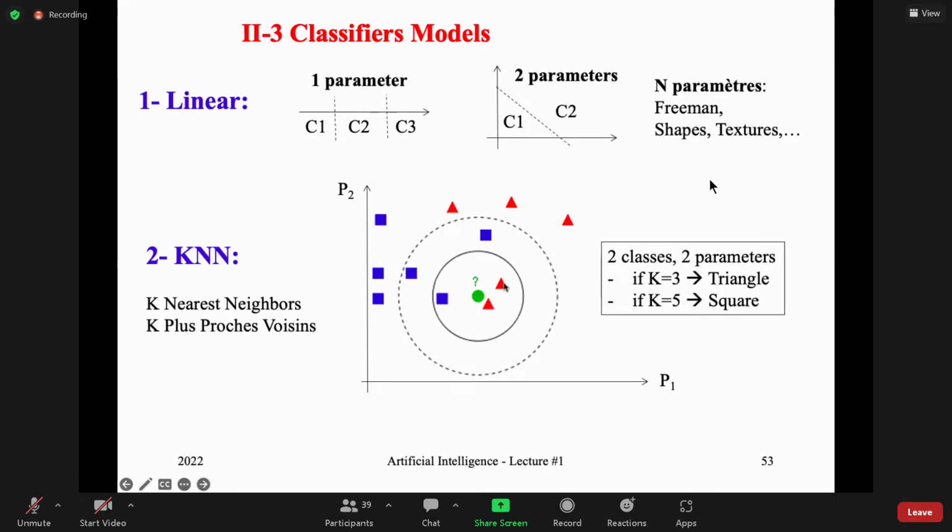So the problem is, as we can see, we cannot separate this space with linear classification. Because, for example, if I use a line here, okay, I have a separation here.